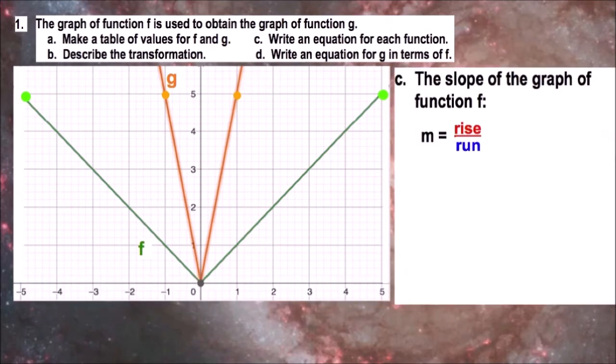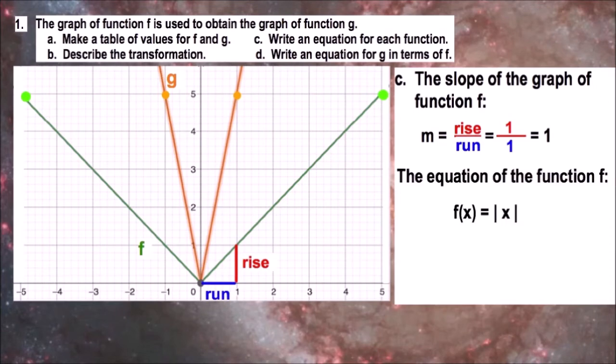C. The slope of the graph of function f, slope is equal to rise over run, which is, for this case, 1 over 1, as seen on the graph, rise over run, which equals 1. The equation of the function f is f of x equals absolute value of x.